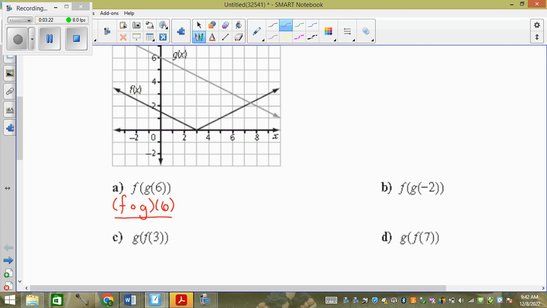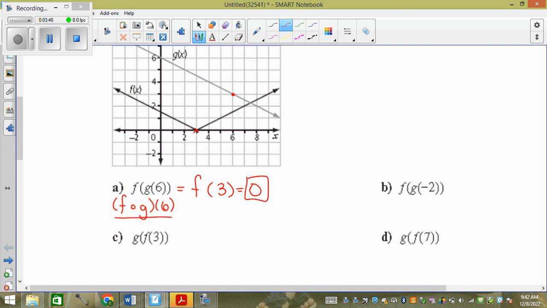If it's like that, I'm going to rewrite it like the one above, because that's just more helpful. So what's the first thing I have to find? g of 6. So this is a graph. g of 6 is actually at 3. So I now have f of 3. And what's f of 3? 0. And we're done. That's it.